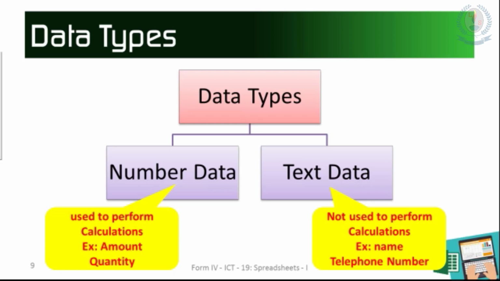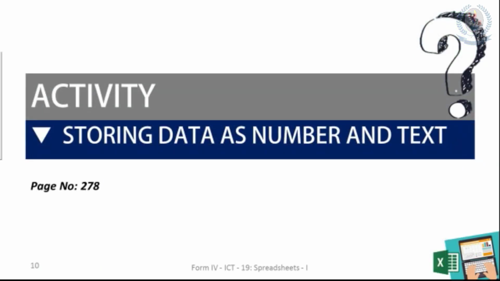Text data we generally don't use with calculations, for example, name and telephone number. You also have an activity on page number 278, storing data as number and text. Let's move to the practicals.